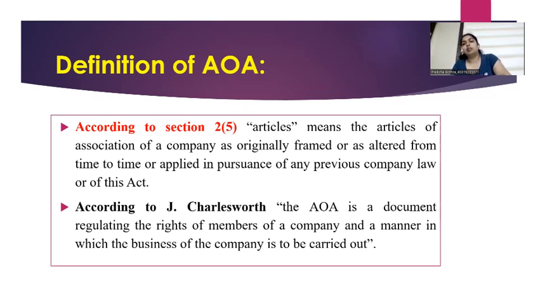You mention all of their names, their addresses, and how many shares they have taken. Now, in the Articles of Association, you mention how these members are elected, how these members are chosen, what are the essential characteristics or qualifications that these members need to have. All of those are mentioned in the Articles of Association.